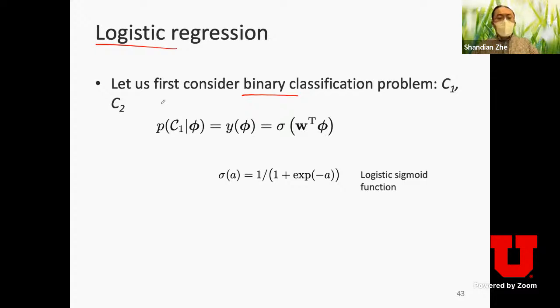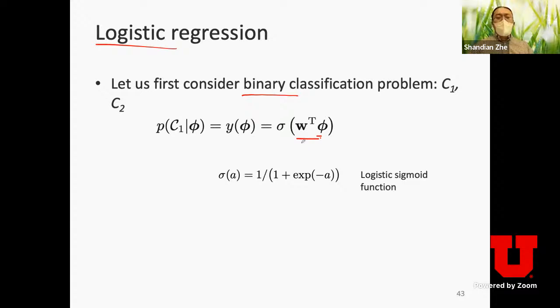So logistic regression defines a model score. The model score is kind of a prediction score. It's the same as our linear regression case, where it's just a linear combination of a set of bases. This phi you can view as a set of basis functions evaluated at the input features. Of course, if you don't want to incorporate any nonlinear basis, you can just assume phi is the original features. That doesn't matter.